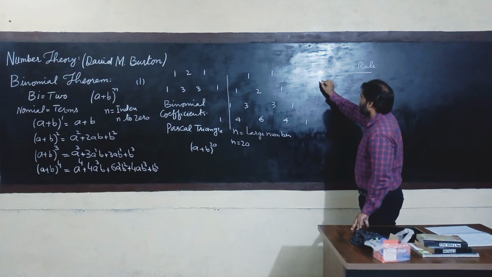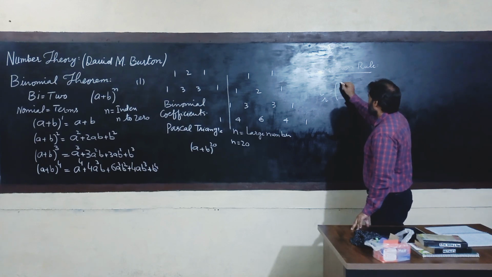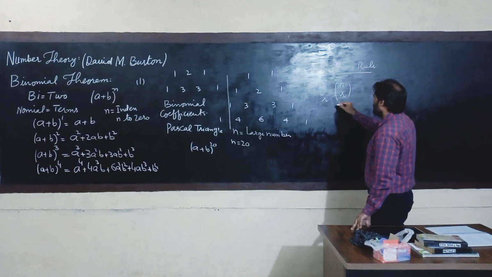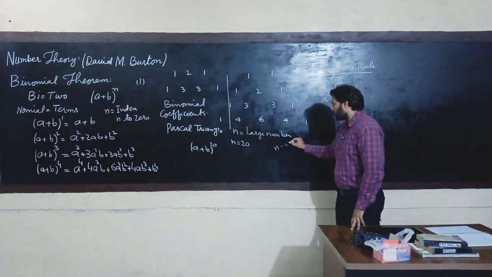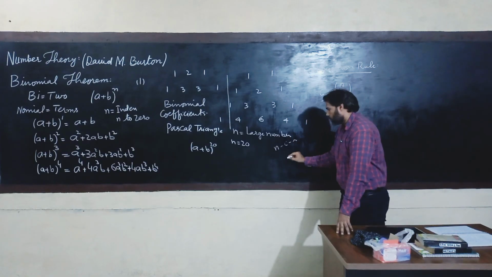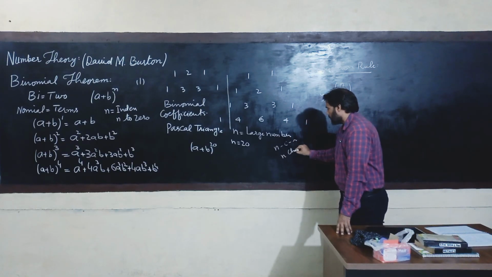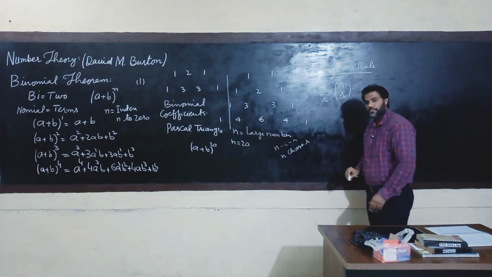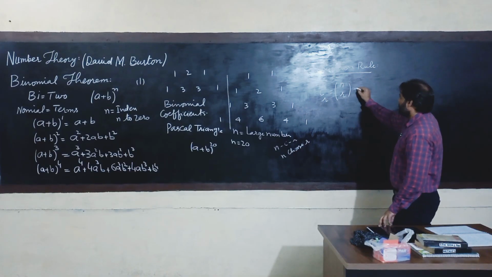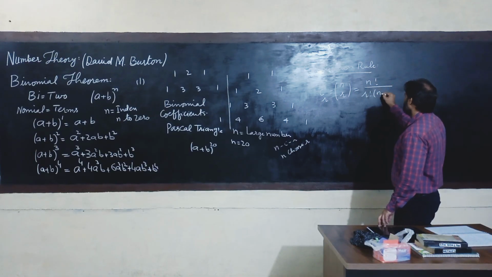This is simply given by the formula nCr, or in some textbooks you read it as n choose r. This is simply given by n factorial over r factorial times (n minus r) factorial.